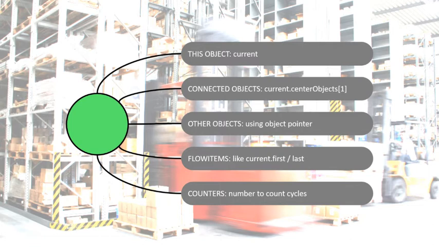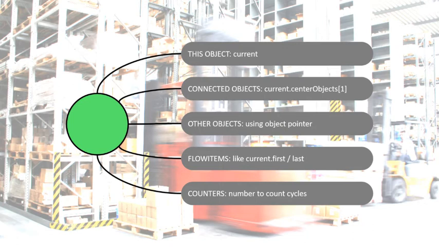In this case, the current object would be the buffer. You can also point toward connected objects, like we're going to do by pointing toward the center object number 2, which would be the operator.